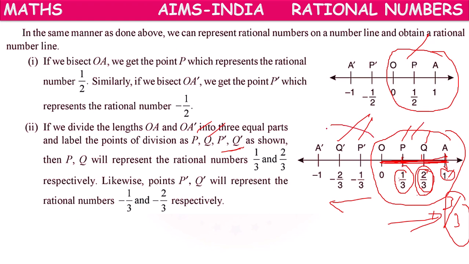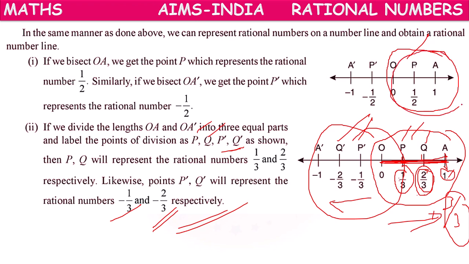In the same way, on the left hand side, we can represent minus 1 by 3, minus 2 by 3 respectively. Okay, children? Now, how can we represent rational numbers on the number line? By dividing the unit part into 2 equal parts, 3 equal parts, 4 equal parts, like that, we can get the rational numbers.